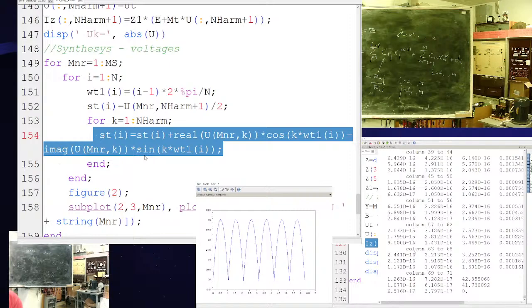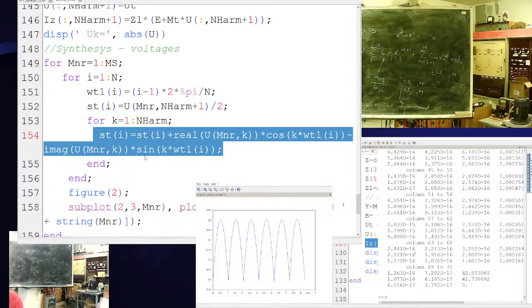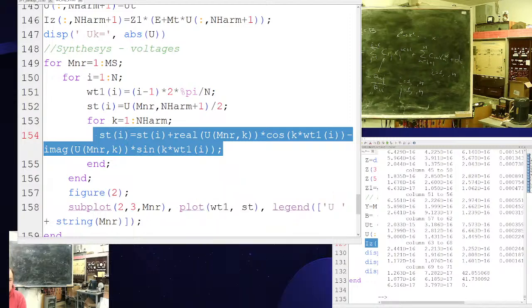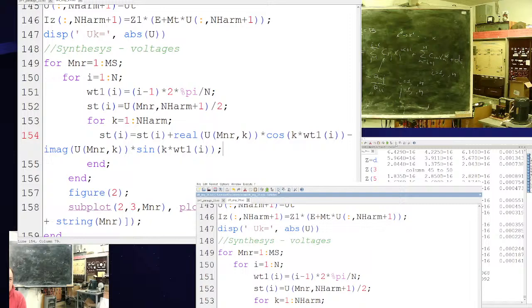And something goes wrong. Something definitely goes wrong because this one okay, this one okay.